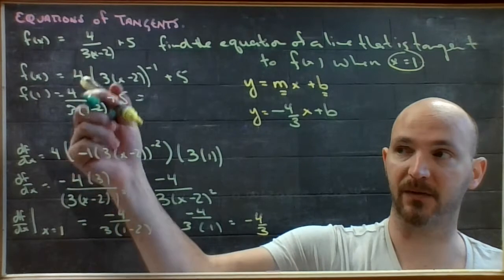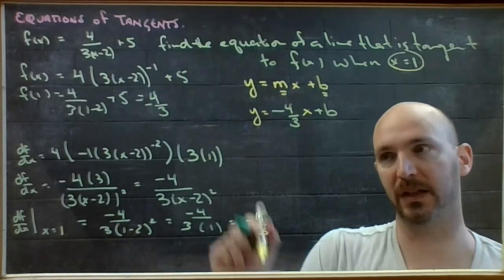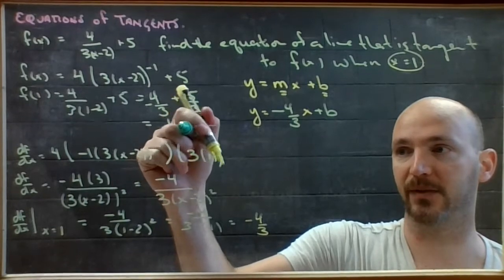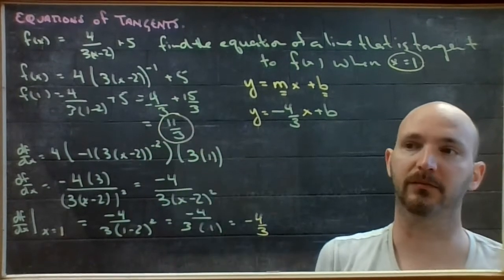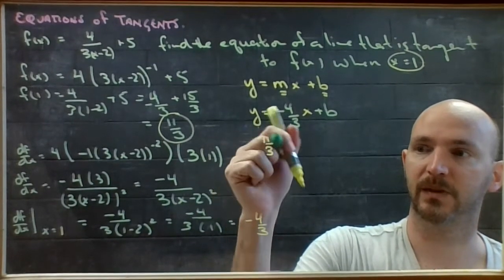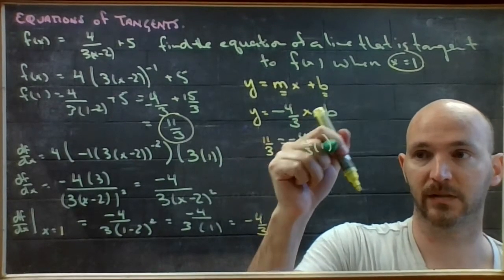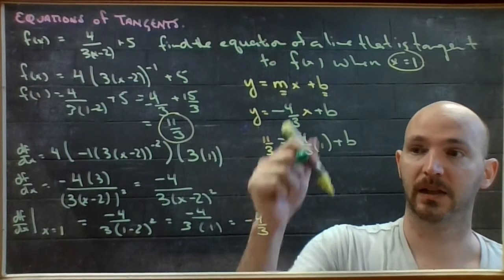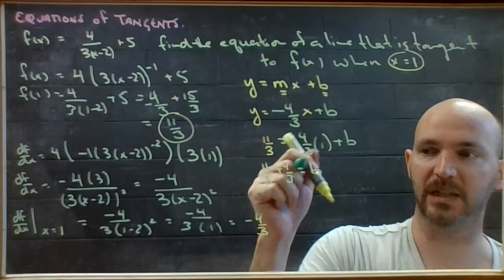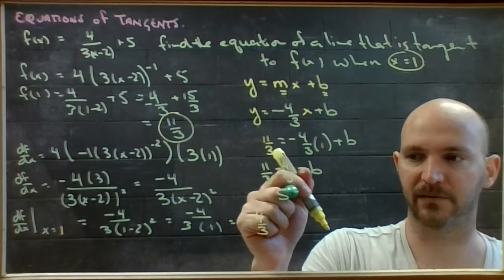Negative 1 times 3 is negative 3, so I end up with negative 4 thirds, and 5 would be 15 thirds, giving me a total of 11 thirds. Alright, so 11 thirds is equal to negative 4 thirds when x is 1 plus b. Kick that over. 11 thirds plus 4 thirds would be b. 11 and 4 would be 15 thirds, and 15 divided by 3 is 5.